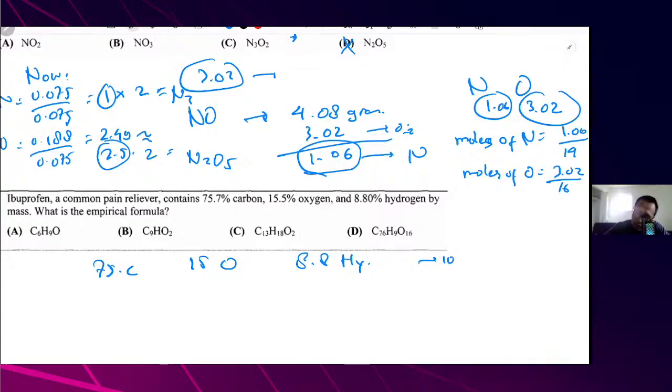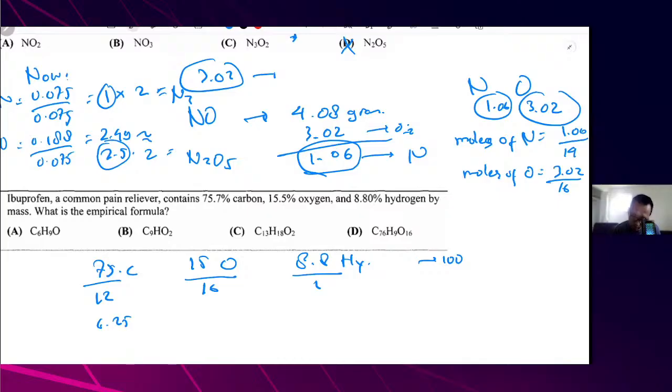How to solve this is pretty easy if we know which one has the smaller moles. For this one, divide by 12, this one divide by 16, and this one divide by 1. Using our calculator, 75 divided by 12, we get 6.25.